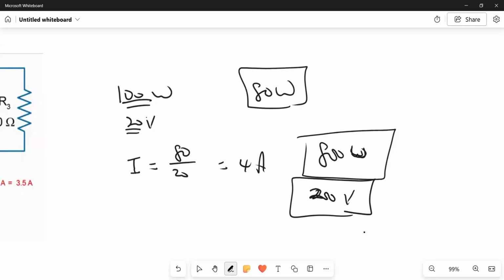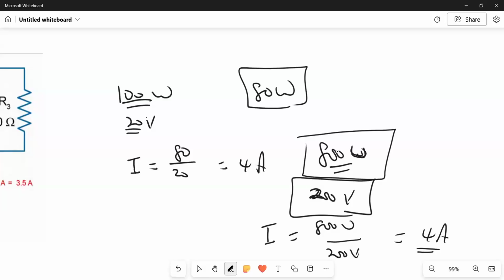The current that is going to flow is 800 watts divided by 200 volts, and you'll get 4 again, right? 4 ampere.